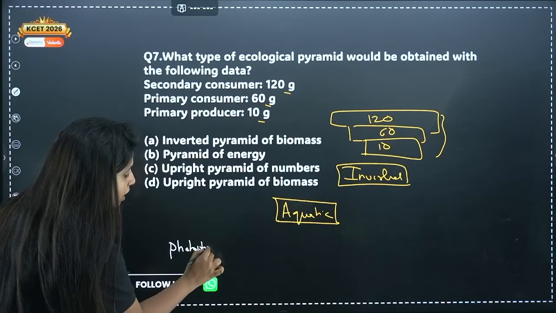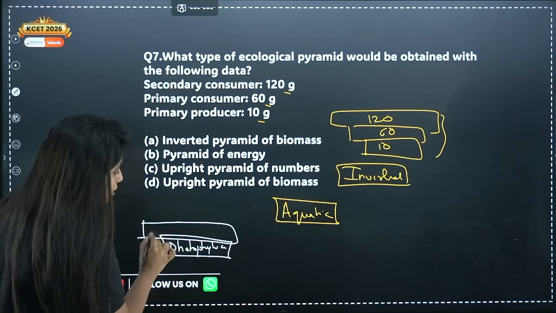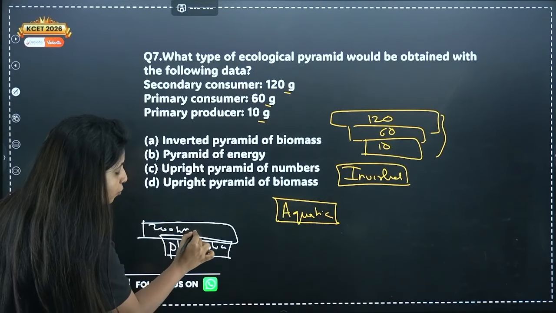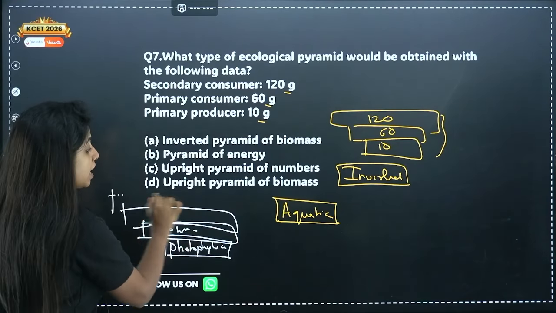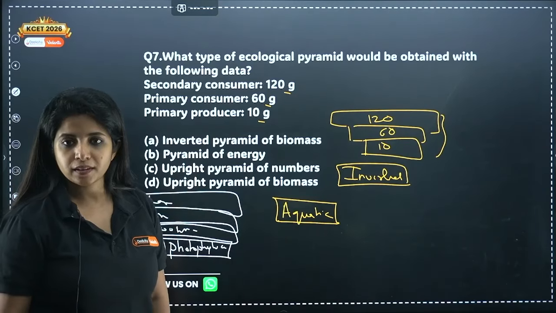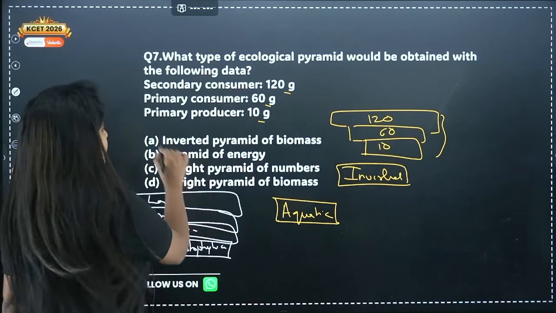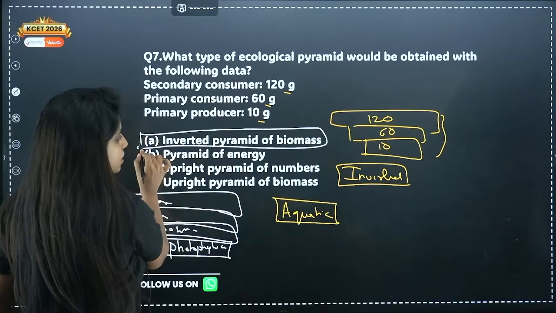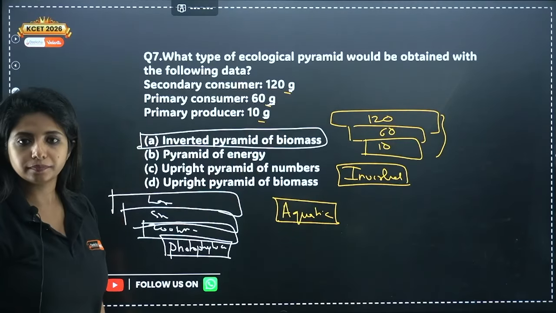Phytoplankton have very little biomass, and feeding on them you have zooplankton which have more biomass. Feeding on them you have smaller fishes, which obviously have more biomass, and then you have larger fishes which have even more biomass. So this would be an inverted pyramid of biomass. It's not number, it's just biomass because gram is being mentioned over here.